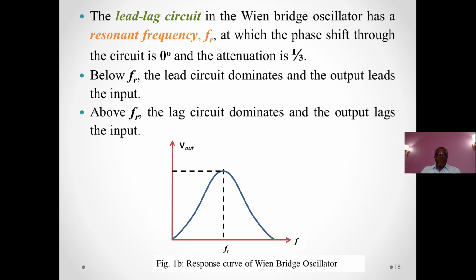At point 0, as the voltage is fed back, the lead circuit of the Wien bridge oscillator will continue, the reactance will continue to decrease.